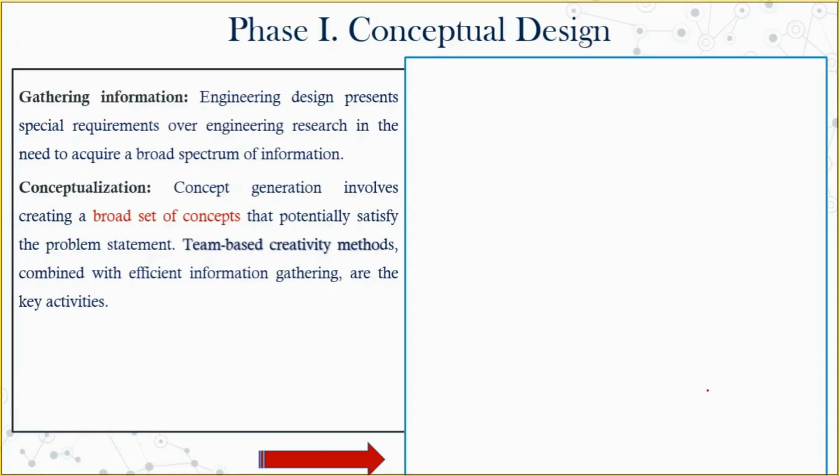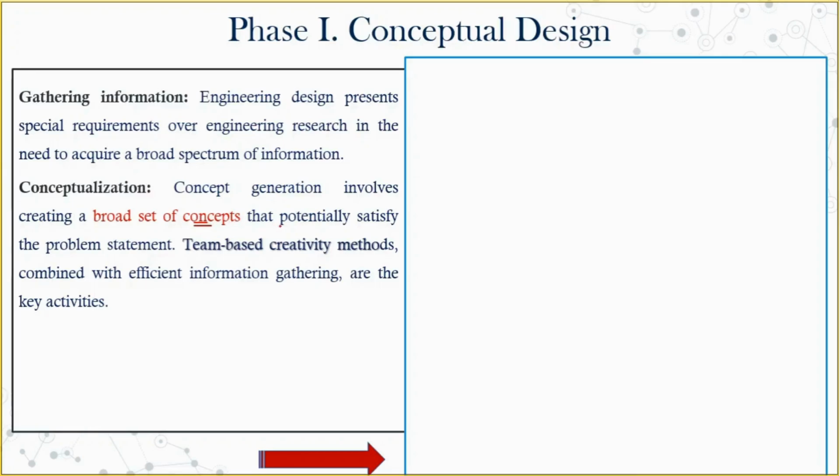Now comes the next step, that is conceptualization. Concept generation involves creating a broad set of concepts, means you are going to create many sets of concepts. Like if you want to develop a mobile phone, you will try to think about 4 or 5 types of design with your team.